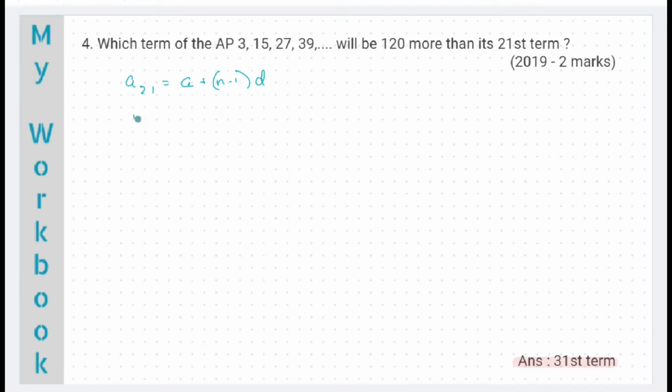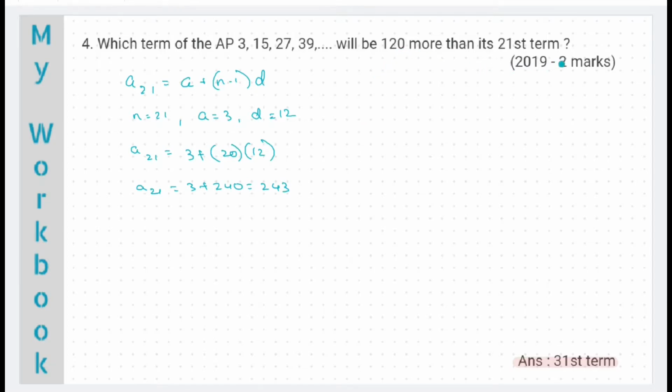So n is 21 and the first term in the progression a is 3. Difference between the successive terms is 12. So let's substitute them. A of 21 will be 3 plus 21 minus 1 into d, which is 12. 243 is the 21st term.